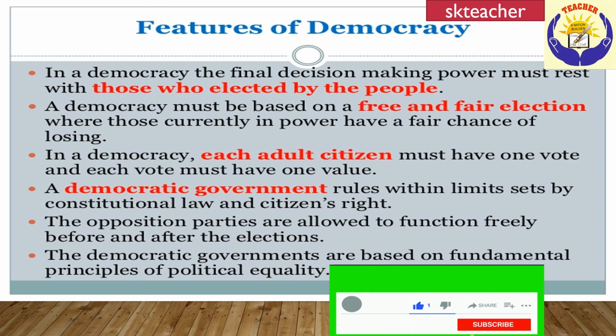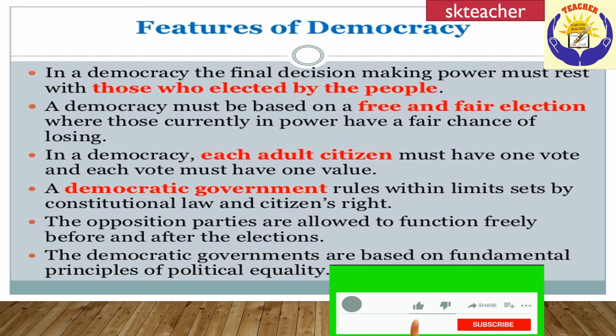So here is an answer. What is democracy? According to this, the elected people should have the decision making power. Second one, free and fair election should be conducted, and always the ruling party has a fair chance of losing. Third one, every adult citizen should have one vote and one vote should have value.